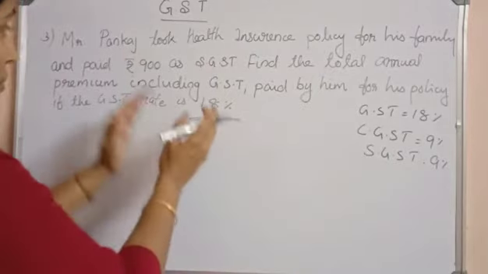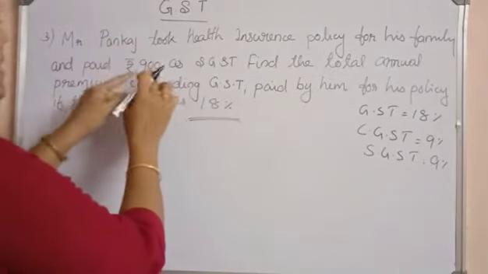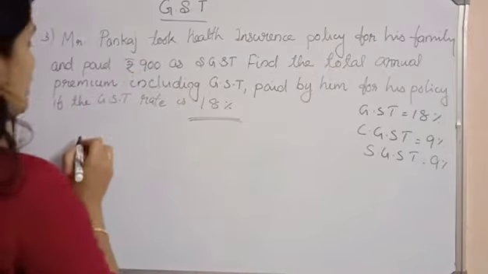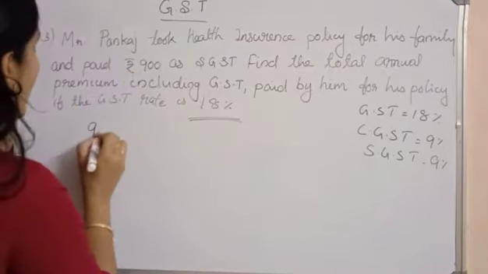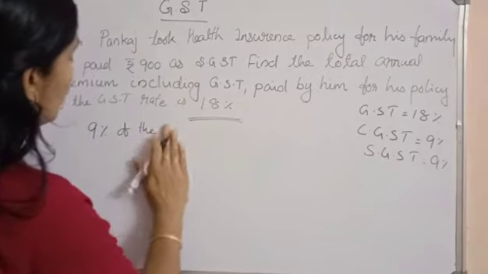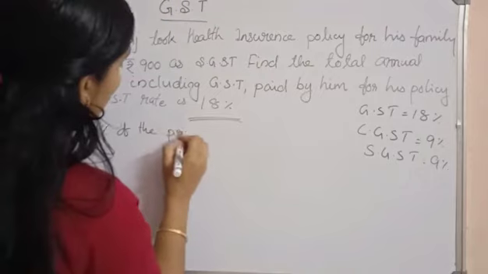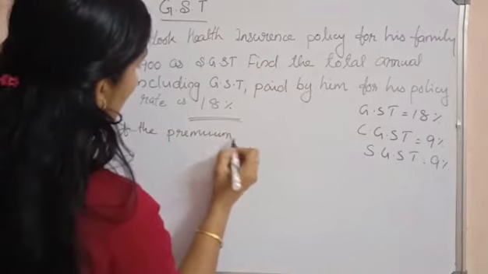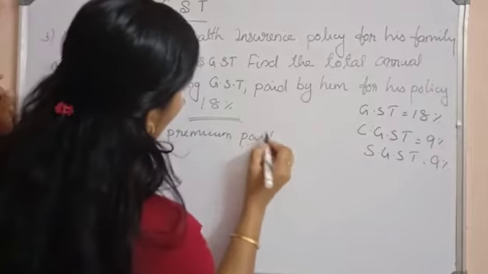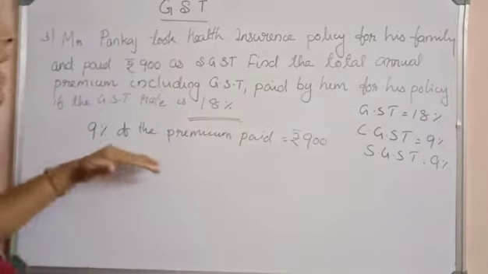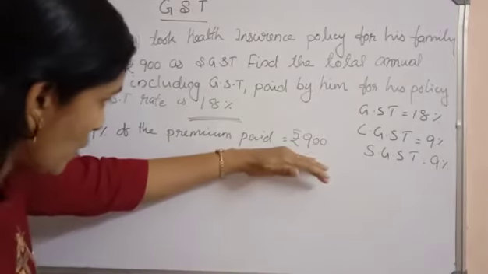And the amount paid as SGST is rupees 900. Therefore, we can say that 9% of the premium paid is equal to rupees 900.